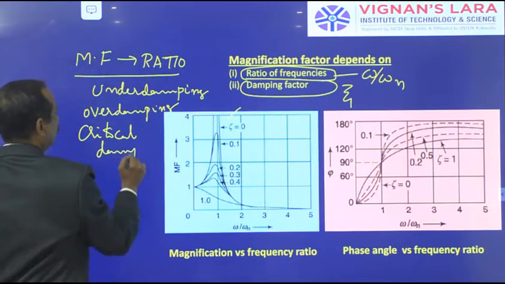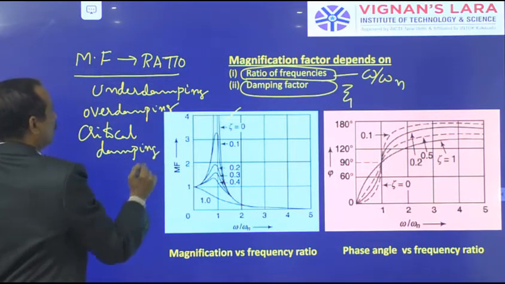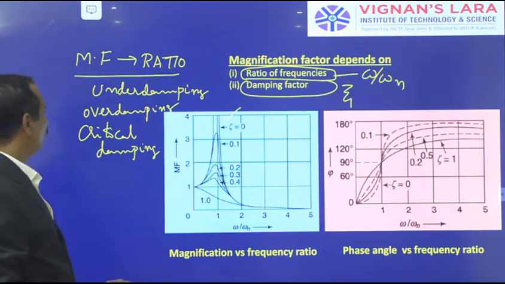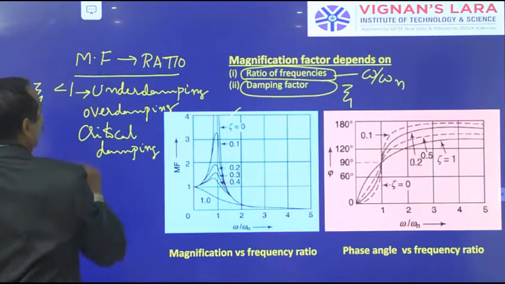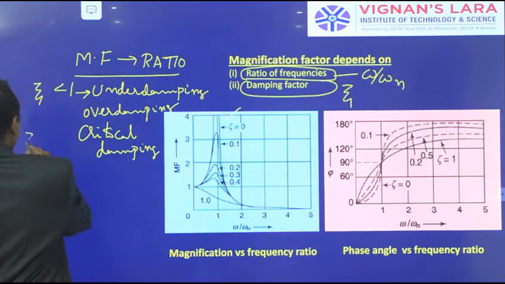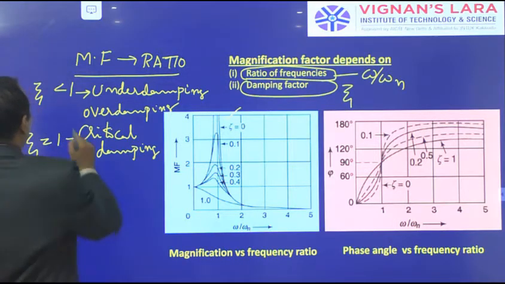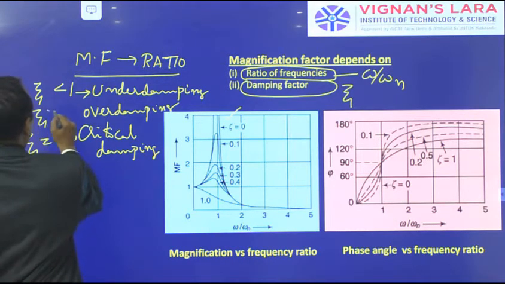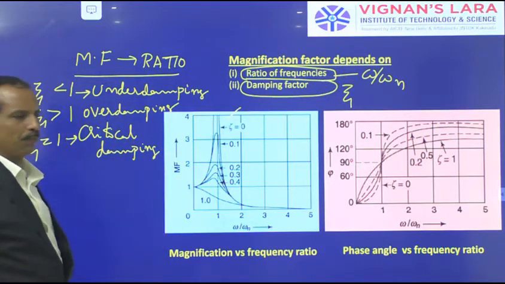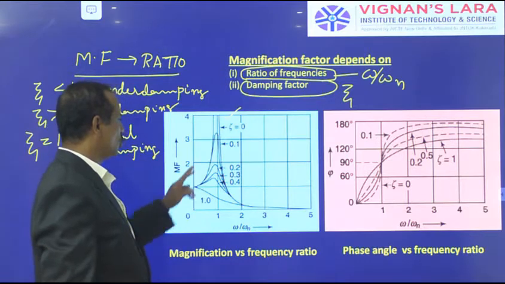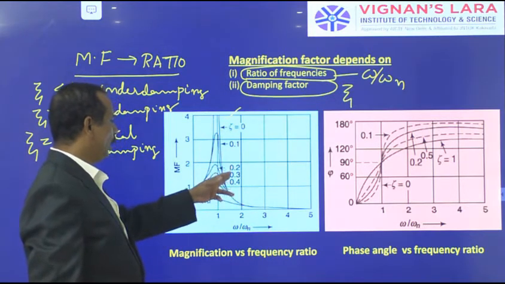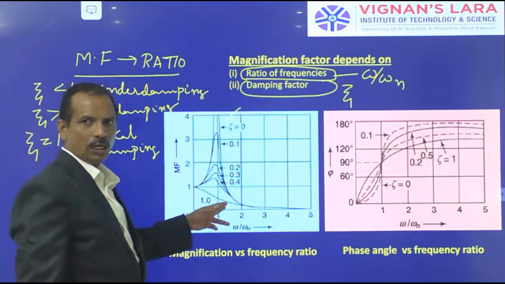If zeta is less than 1, we call it underdamping. If zeta is equal to 1, we call it critical damping. And if zeta is greater than 1, overdamping. So you can see here the different zeta values like 0, 0.1, 0.2, 0.3, 0.4, and so on up to 1.